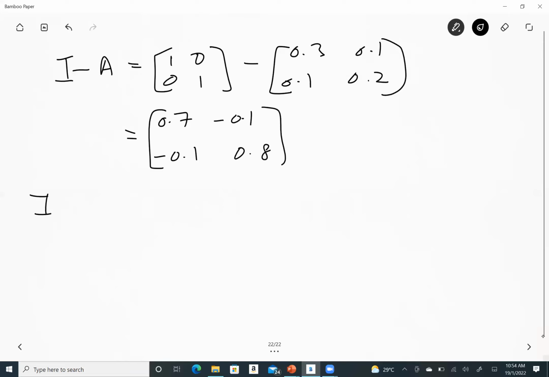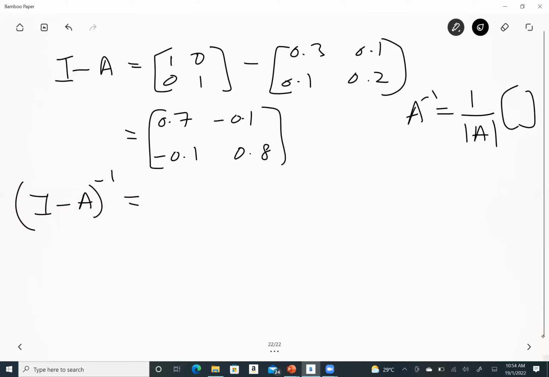So I minus A inverse is equal to, you know the formula. A inverse in general will be 1 over the determinant of A multiplied by the adjugate. All right? So you got to get the determinant of this matrix.